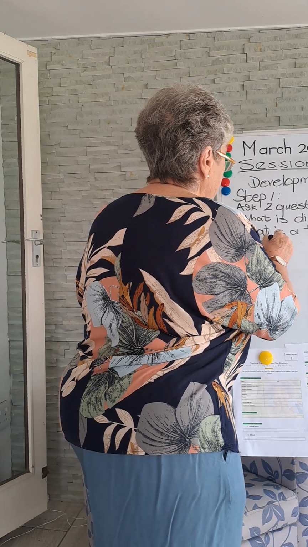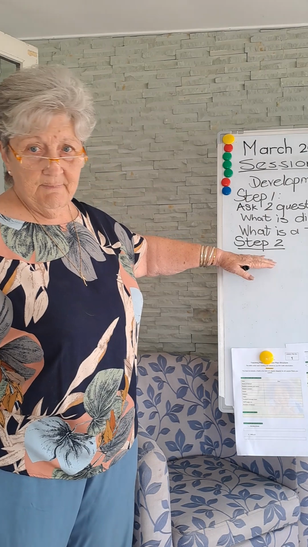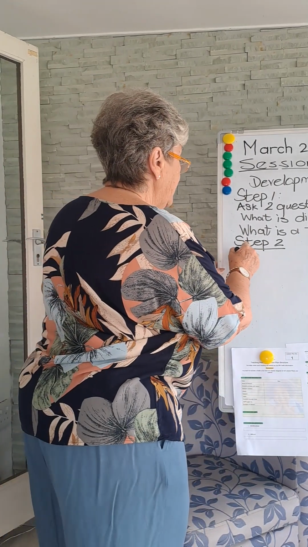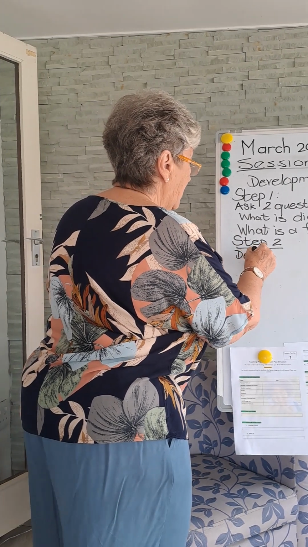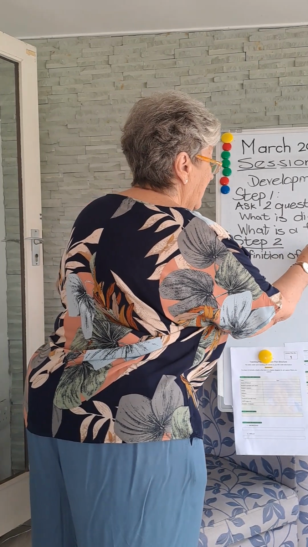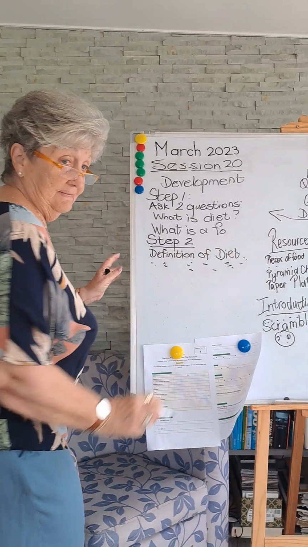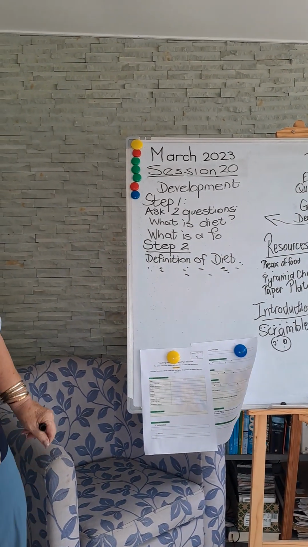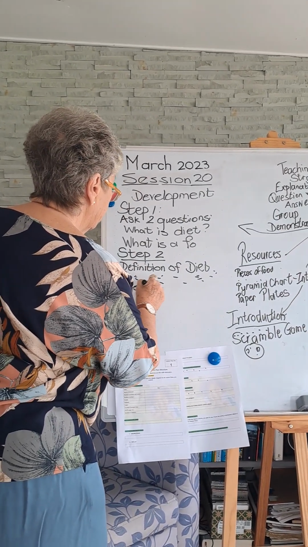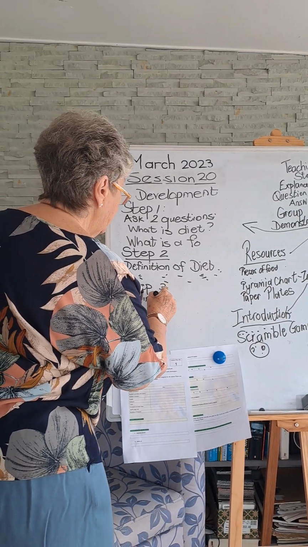And in step 2, I am going to now teach them the first fact. I'm going to give them the definition of diet. And I'm going to write it all out here in my book so that I don't forget what it is. Then I'm going to go to step 3. And I'm going to give them the definition of nutrition.